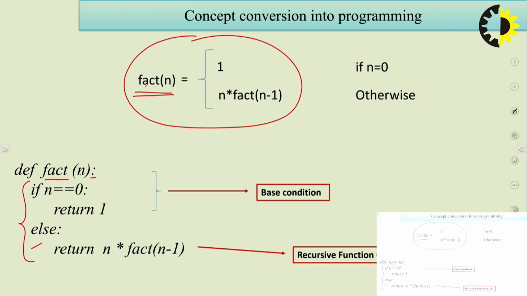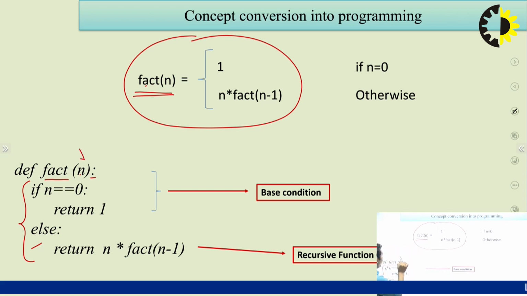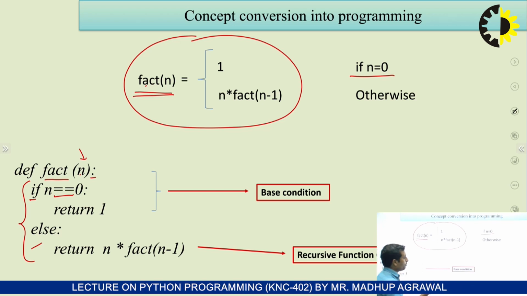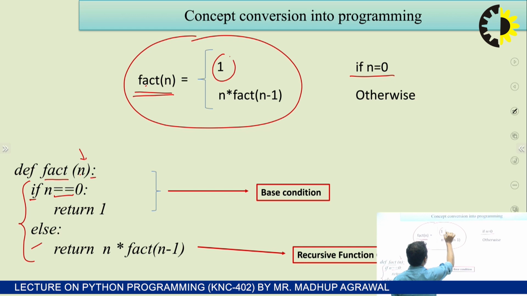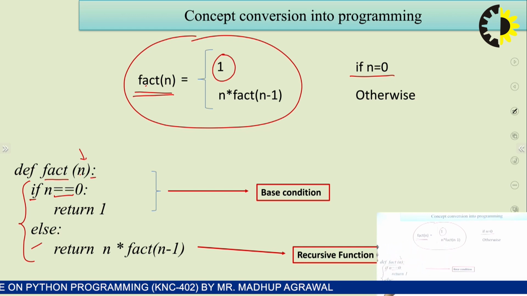First we check the value of n with the help of the base condition: if n equal 0. Here this is the comparison operator, so we use double equal, n == 0. Then return this particular value with the help of the return statement: return 1.